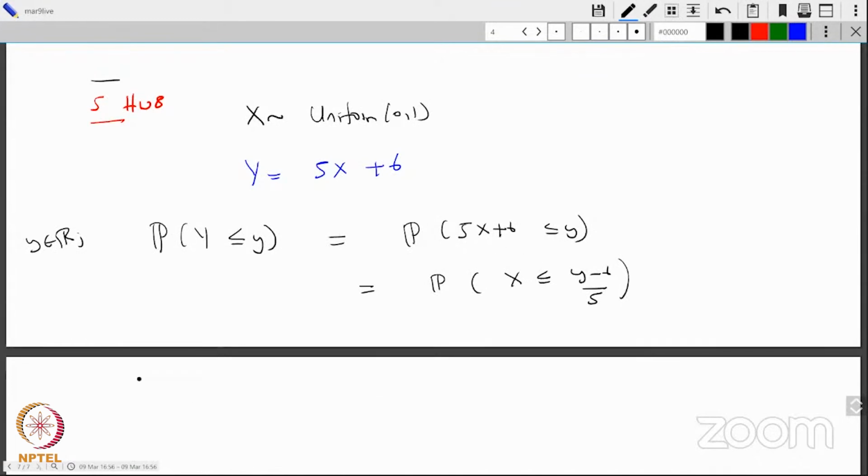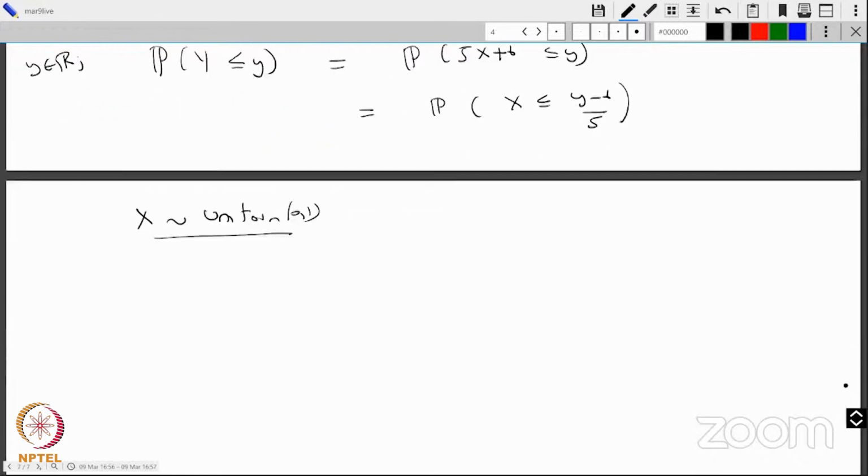Now, X is uniform on 0, 1. So either from the notes or the textbook, you will immediately know that the PDF of X, f of x, is just 1 when x is between 0 and 1, 0 otherwise.